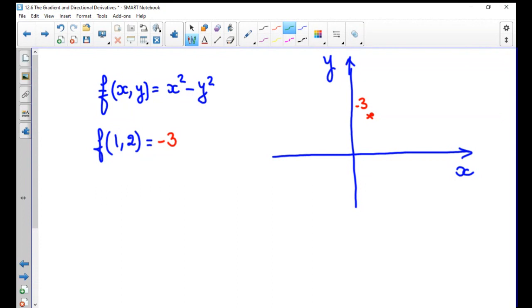Now, suppose I want to know what's happening to this function as we move in this direction, given by the vector, say, (1, 1). What's going to happen to the function as (x, y) moves in this direction? Is it increasing? Is it decreasing?